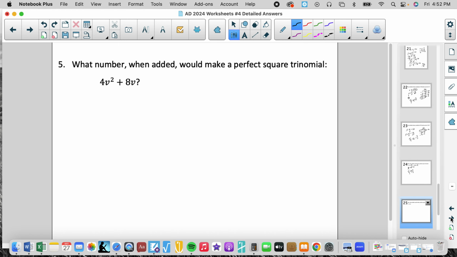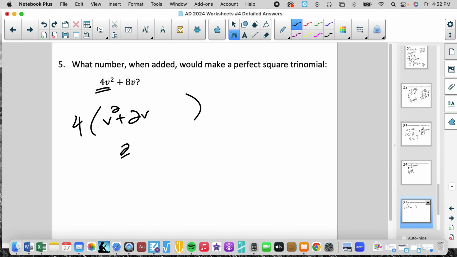What number, when added, would make a perfect square trinomial? Ooh, so here's a little bit of a tricky part. Do I want to factor out? Technically, if you're going to complete the square, you would factor out that 4 and then play the game.